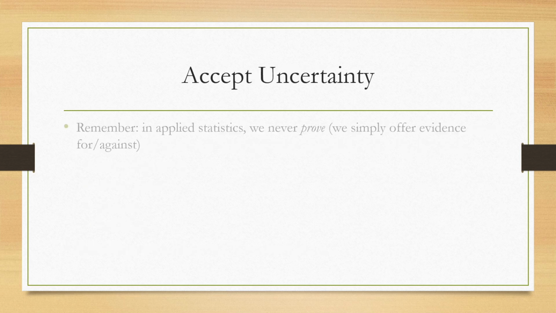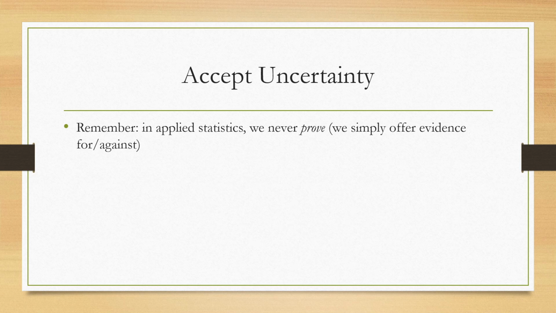So first one, accept uncertainty. We've talked about this previously, but in applied statistics, we never prove anything. We offer evidence for and against, and sometimes we offer really strong evidence, but nothing is ever proven. And again, this comes from the fact that we're using a sample to represent a population.